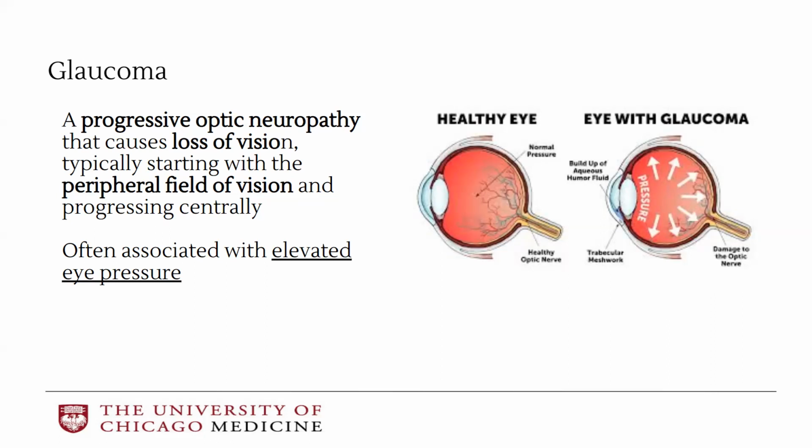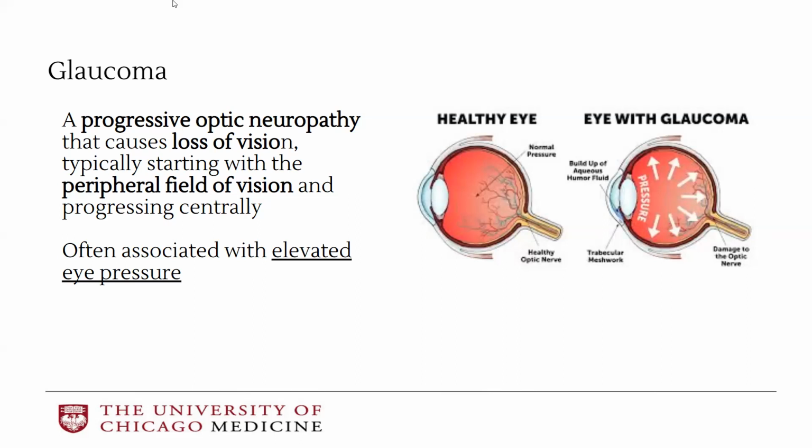But one of the things about glaucoma is that you start off by losing vision way out in the periphery of your field of vision. So that's why patients might have glaucoma for a long time and they don't know it, because their central vision is pretty good. They can still drive, they can still read.